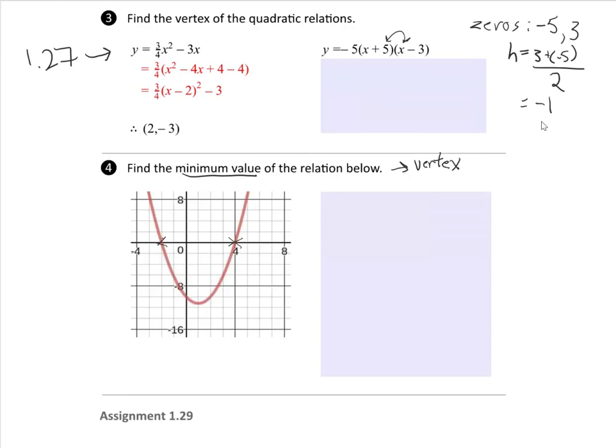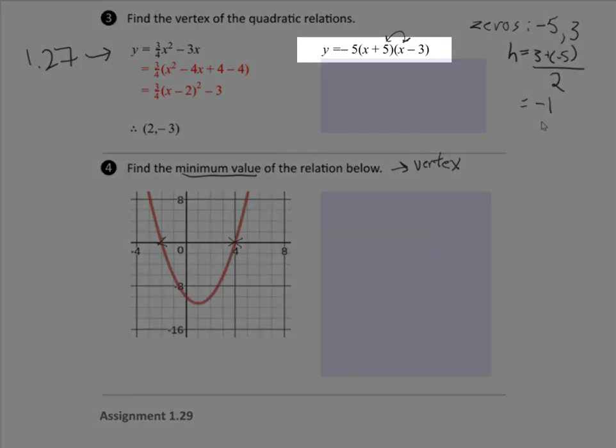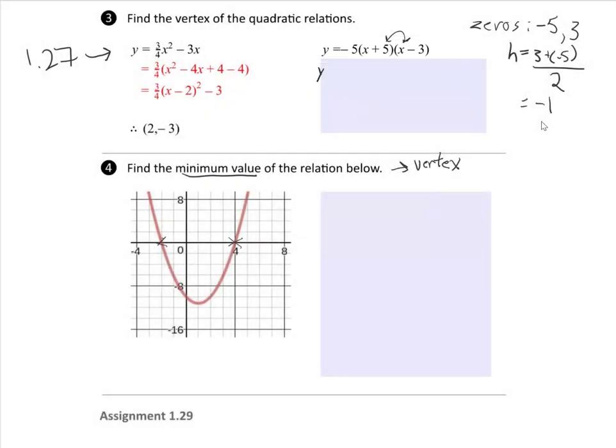To find the k value, you just sub it into the original equation. So we go back over here, and instead of y, I should actually write k, because we're going to solve for k. -5, I sub in -1 for my x value, because that's the x value of my vertex.